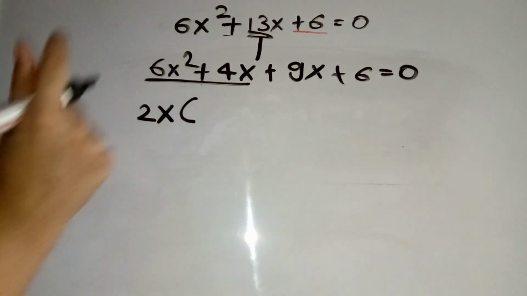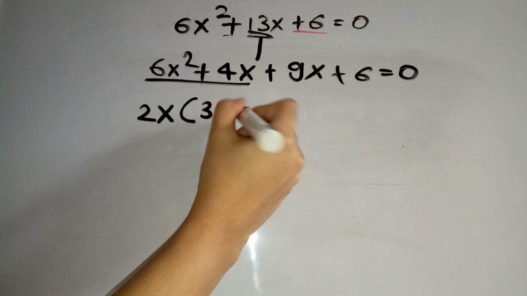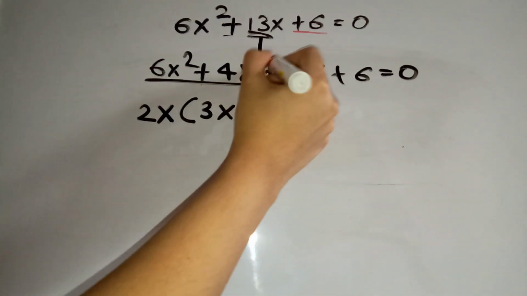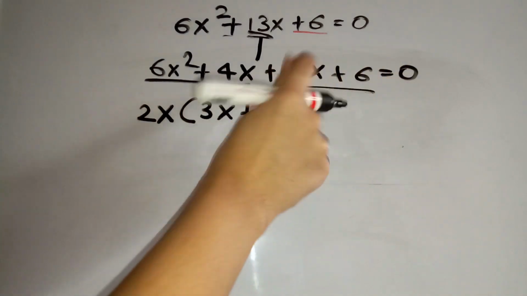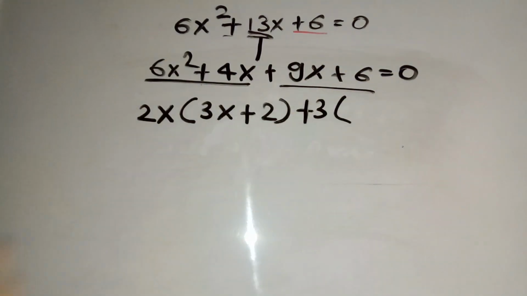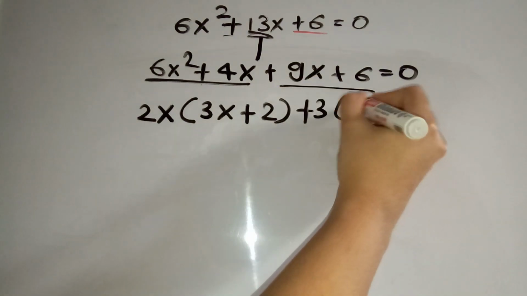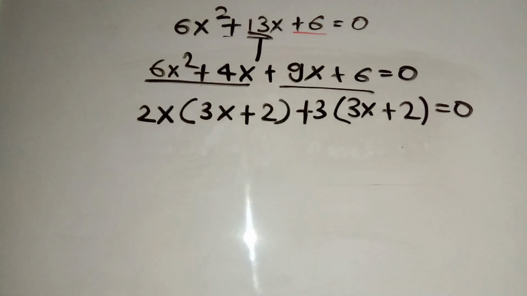So what will remain in the bracket? 3x plus 2, right? This plus sign is here because I am taking plus 3 common from the next two. So if I take plus 3 common, then what will remain in the bracket? 3x plus 2, which is equals to 0.